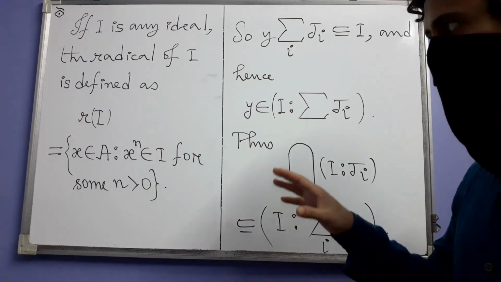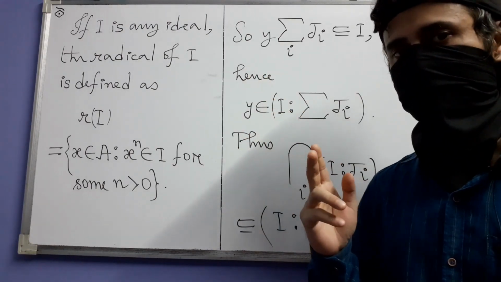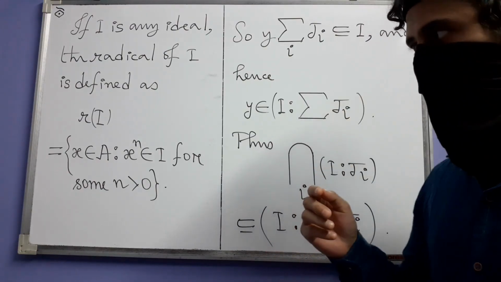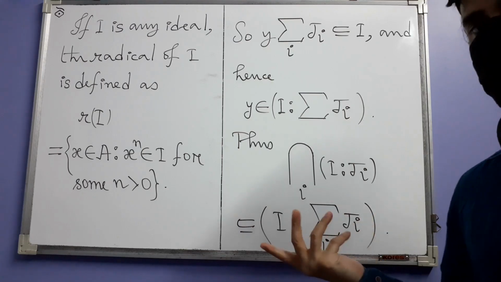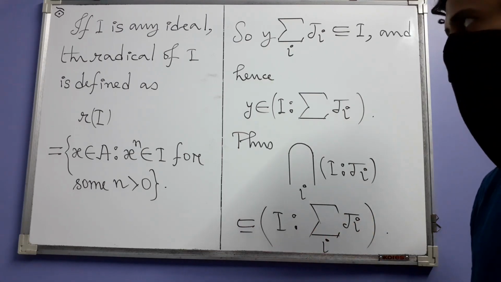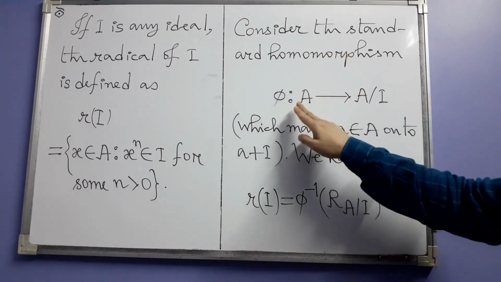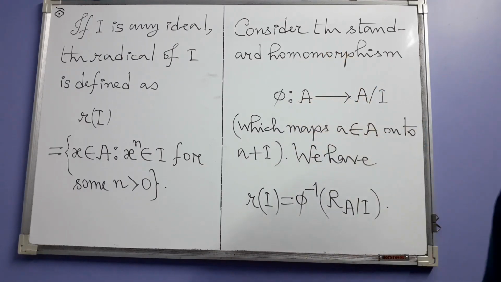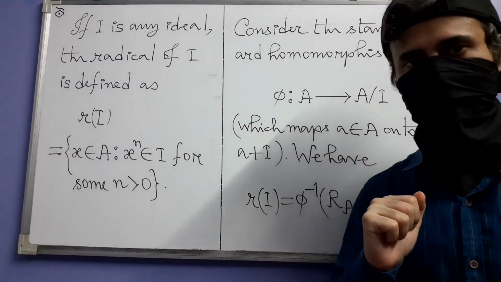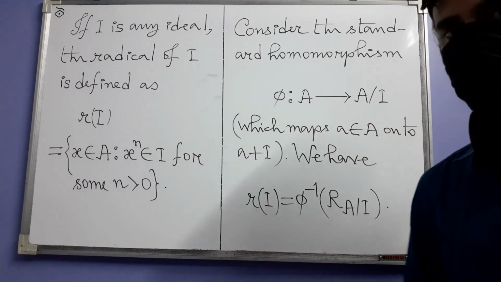Now the first thing we are going to see about this r(I) is that just like the original I, this is also an ideal, and in fact it contains I inside of it. Let's see how we can establish this. We consider the standard homomorphism from A to the quotient ring A/I, phi from A into A/I.